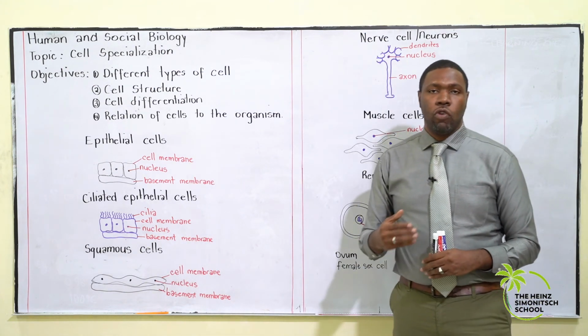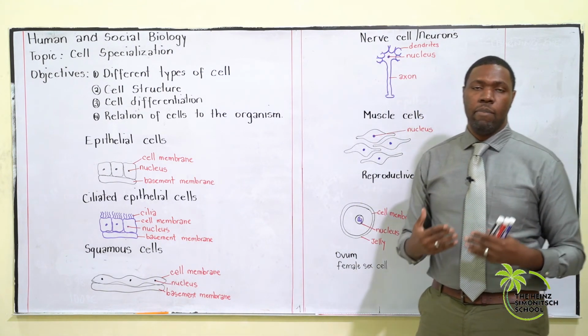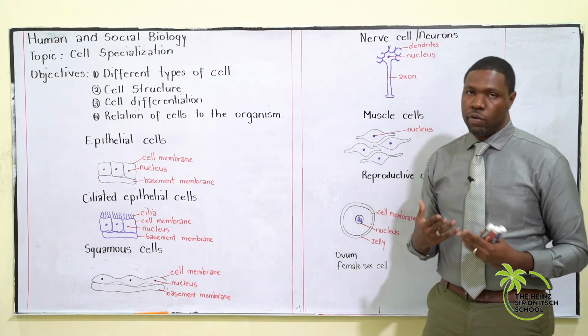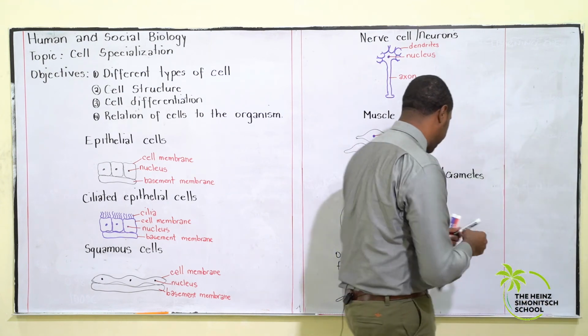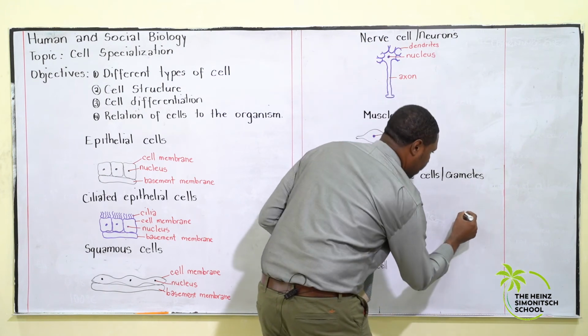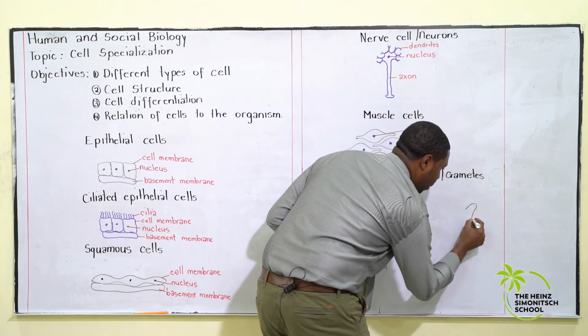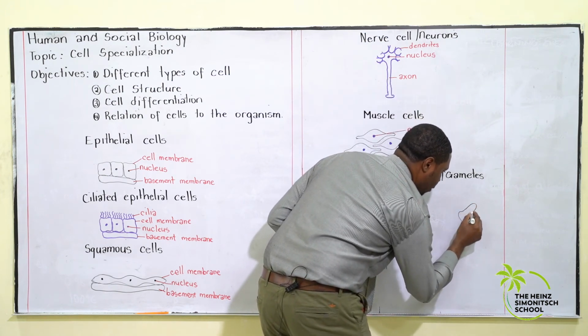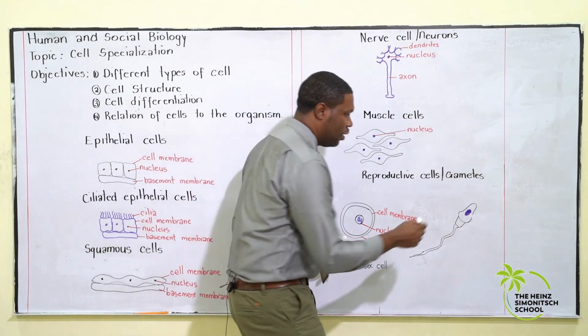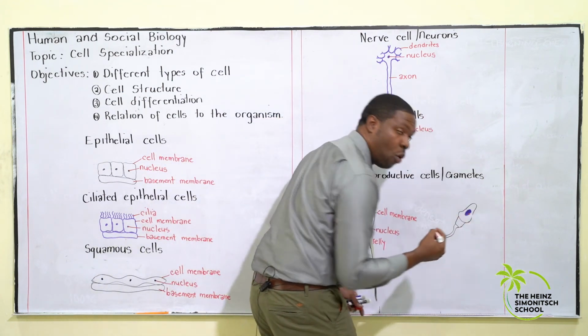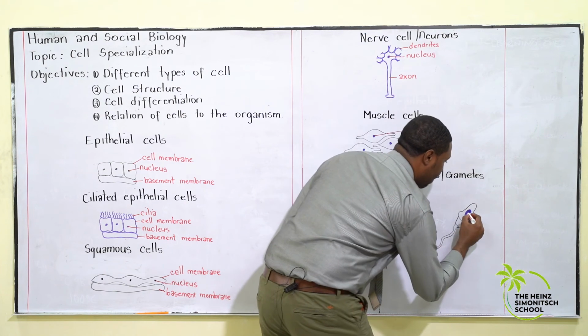Next, we're going to be drawing a simple diagram of the male sex cell, which is called the sperm cell. So let's label. We have the nucleus, which contains the chromosomes.